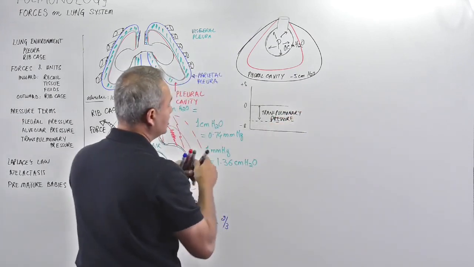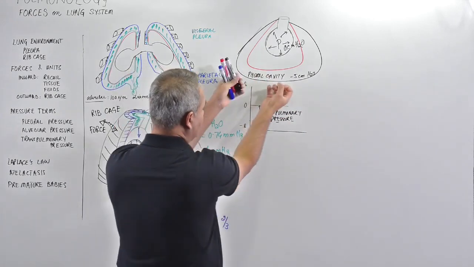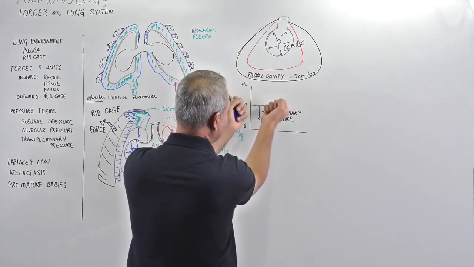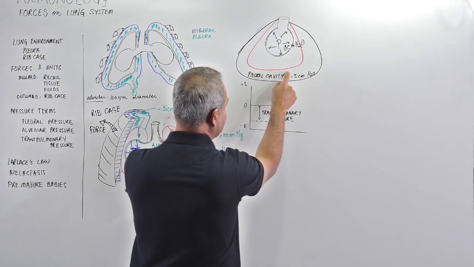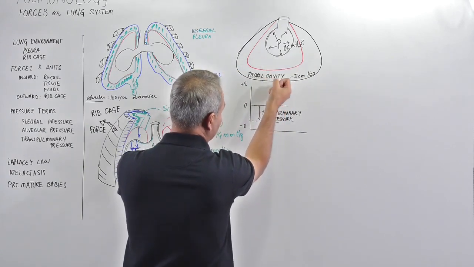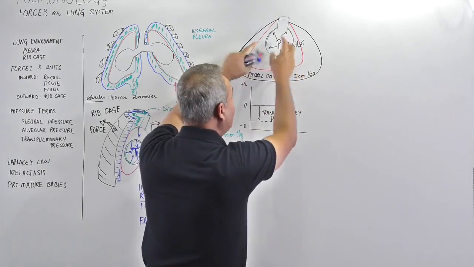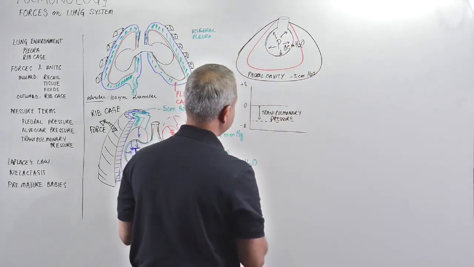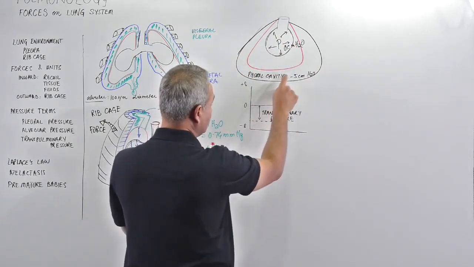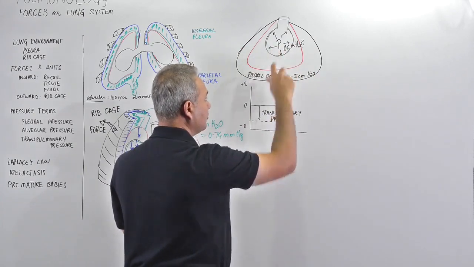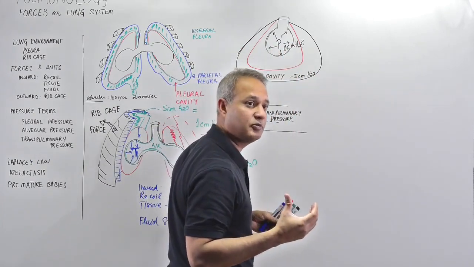This is the pressure that is exerted. The chest wall is pulling this cavity outwards. Then the cavity has a negative pressure which is pulling the lungs outward. Then the lungs pull outward, ultimately causing the alveoli to be pulled open. So the difference between that pressure is called the transpulmonary pressure.